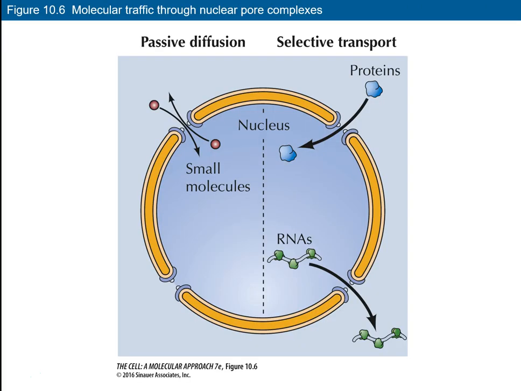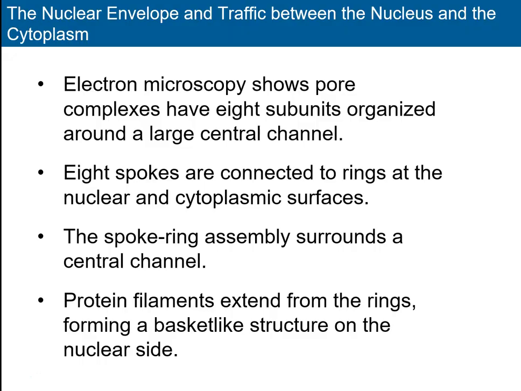So you have some passive diffusion of small molecules, but proteins coming in and going out is selective transport. RNAs coming out is selective transport and requires some energy. It's a pretty involved process. We're going to talk about it.